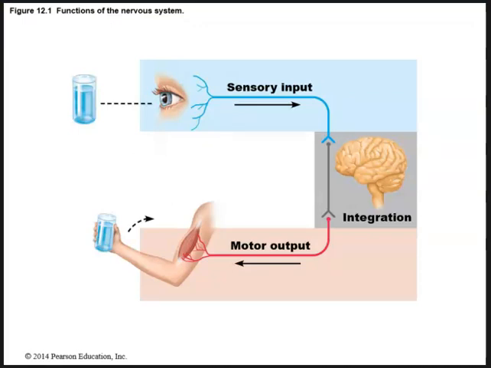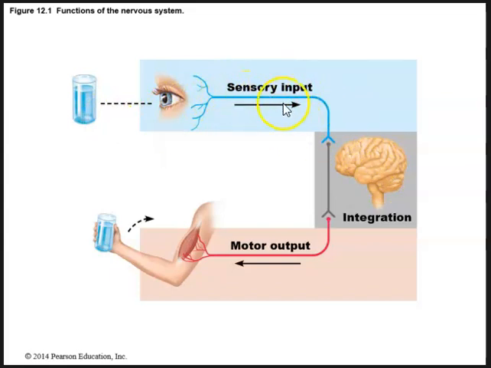So here we see the basic functions of the nervous system. So first, the eyes see a glass of water, and this information coming from the eyes is then brought to the nervous system via sensory afferent fibers.